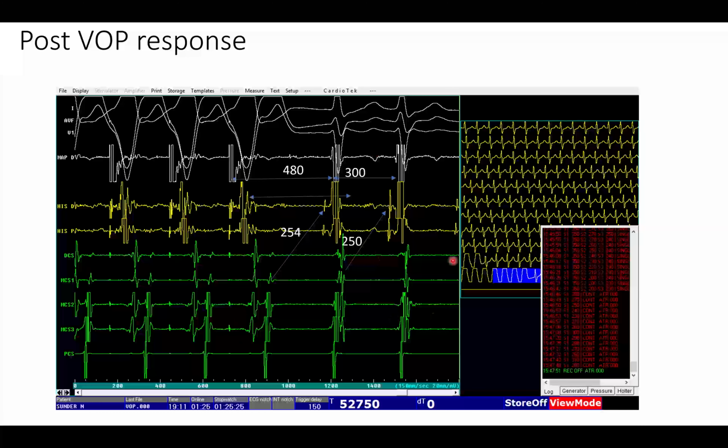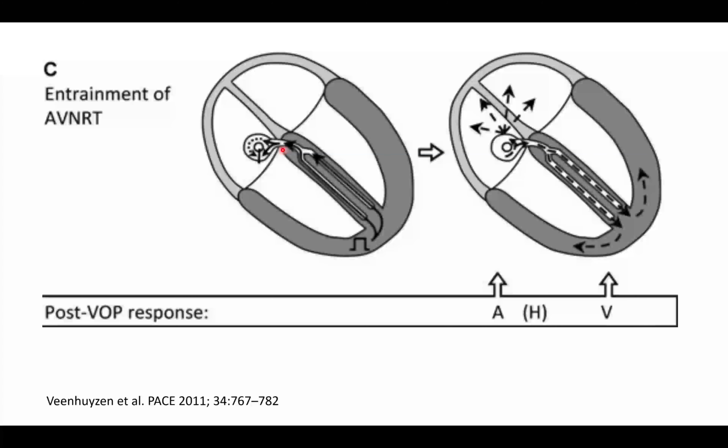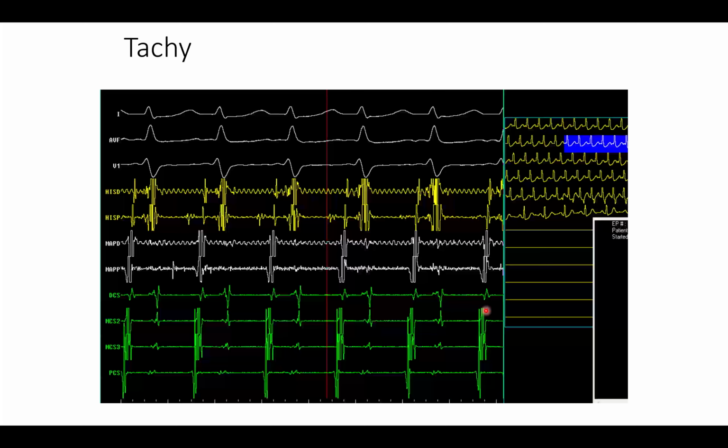But still, here you can see the post-pacing interval is very long. This is 300, 180, it is 180 milliseconds. Anyways, we correct it, but still it is very long. So this is AVNRT. As I said, in AVNRT, you keep pacing the ventricle because it takes a long time to enter the circuit and come back. Your post-pacing response will be long in AVNRT.